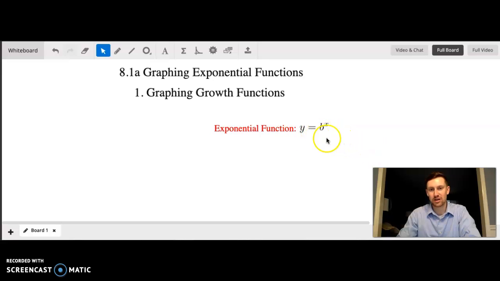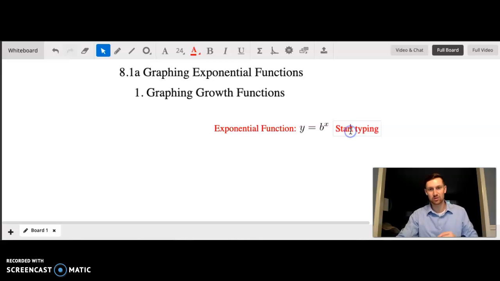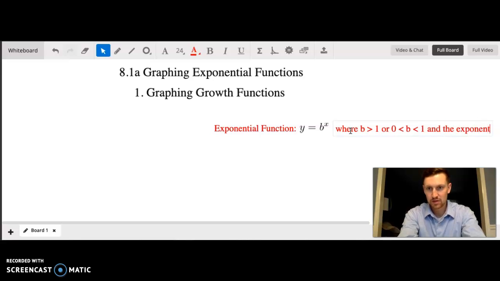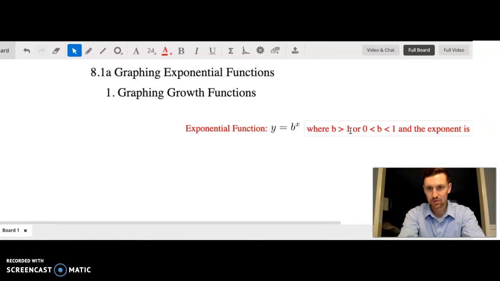So notice there, the tricky part here is that the exponent is sometimes unknown, okay? With these exponential functions, the exponent is something that we're going to solve for. And up until now, we've only ever had numbers as the exponent, but now we'll include some variables as well. So that is the exponential function where b is greater than 1 or 0 is less than b, less than 1. And the exponent is a variable.